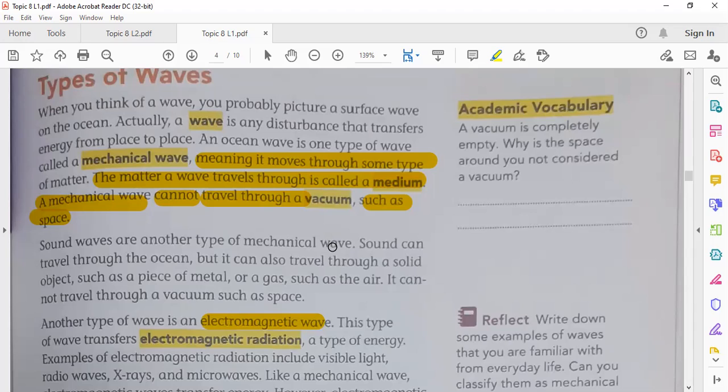So sound waves are mechanical waves. They need a medium. Sound can travel through the ocean, but it can also travel through a solid object, such as a piece of metal, or gas, such as the air. It cannot travel through a vacuum, such as space. Okay.